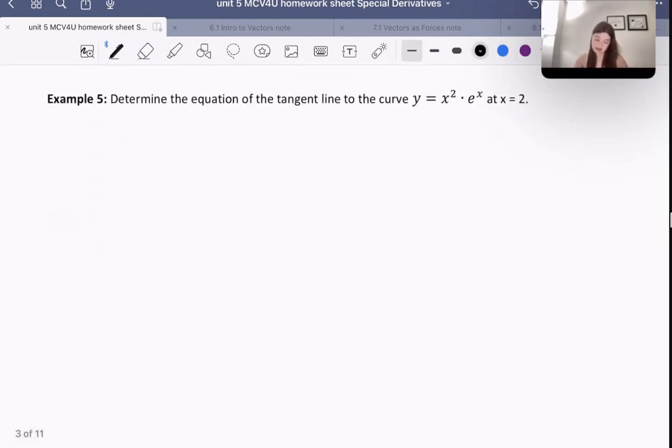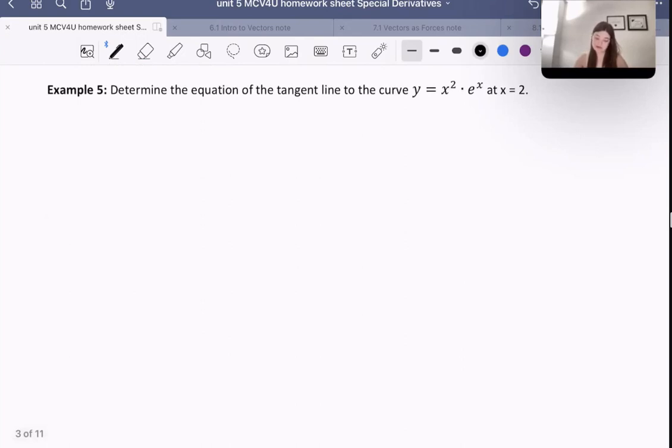And then lastly, it says determine the equation of the tangent line to the curve y equals x squared times e to the x at x equals 2. So this one is a little bit harder. There's a few more steps we need to do. So first of all, we need to apply the rule we learned about what the derivative of e to the power of x is, and we also need to apply the product rule.